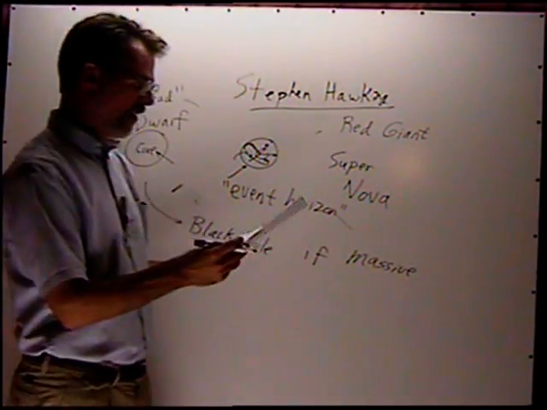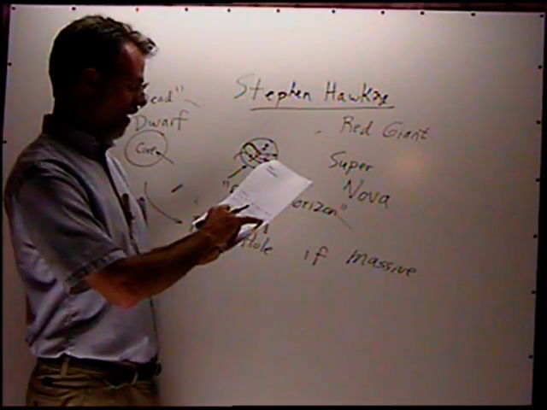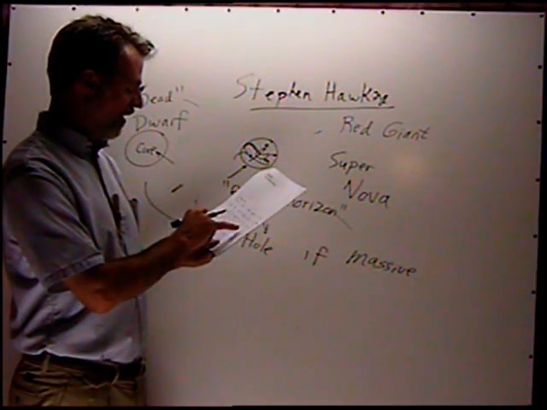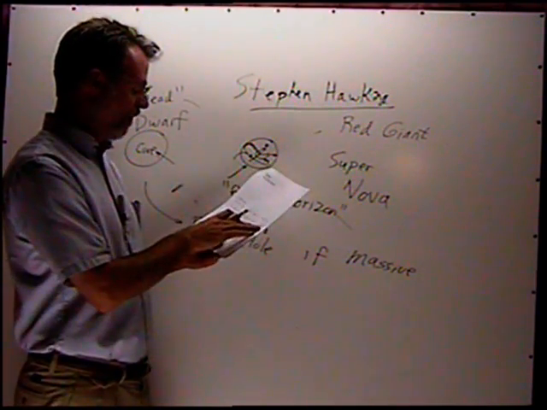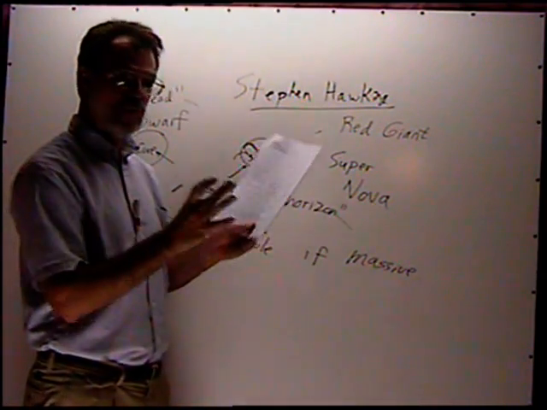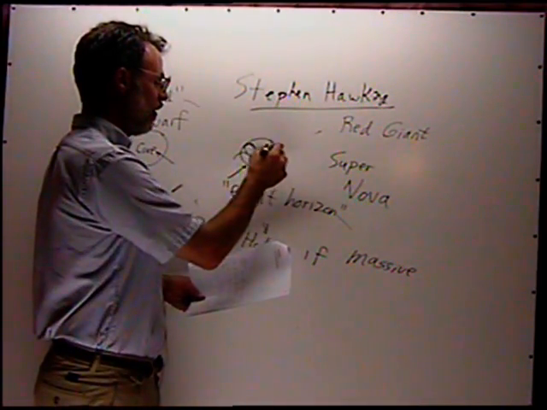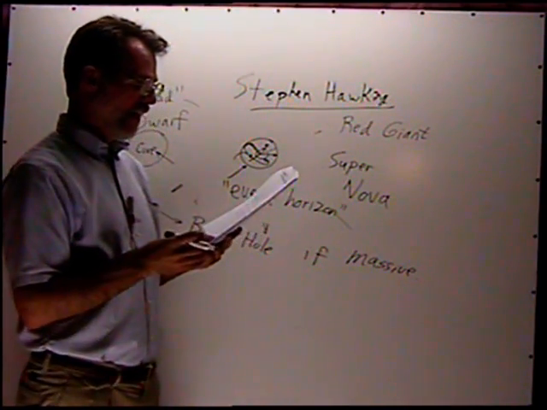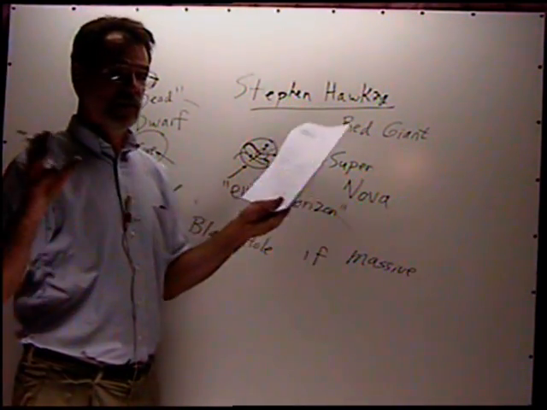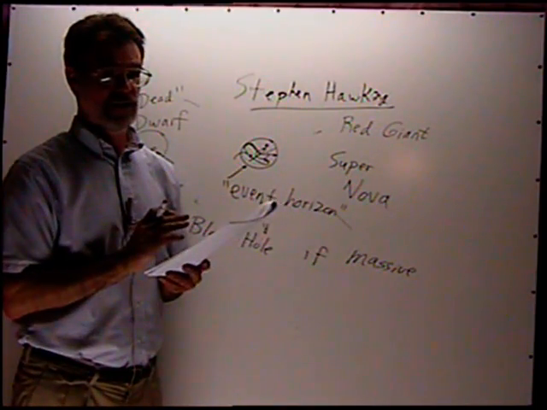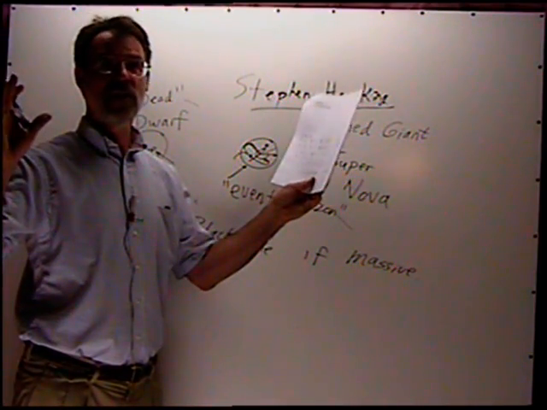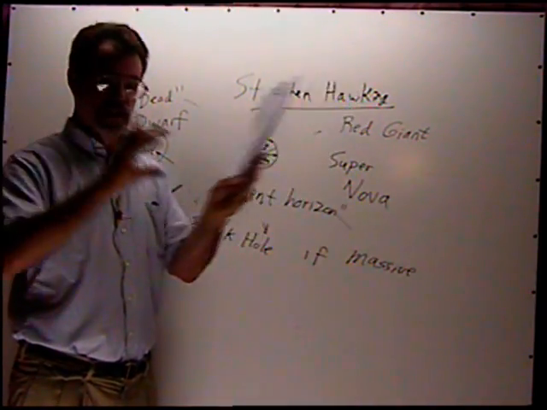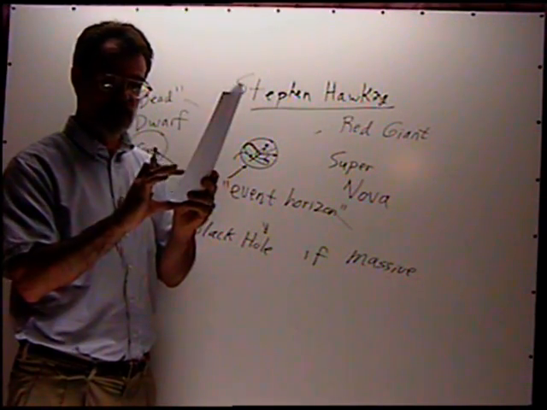Here's a formula. What I want you to do is take the mass of the sun and find out what the radius of this black hole would need to be in order for the mass of the sun to become a black hole. In other words, we take all the mass of the sun and shrink it into a really small radius.